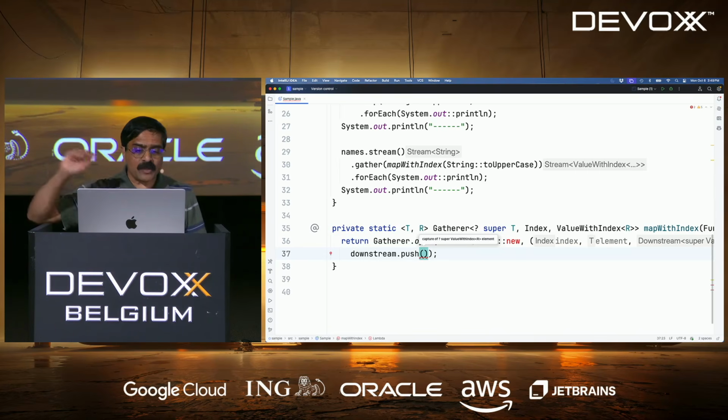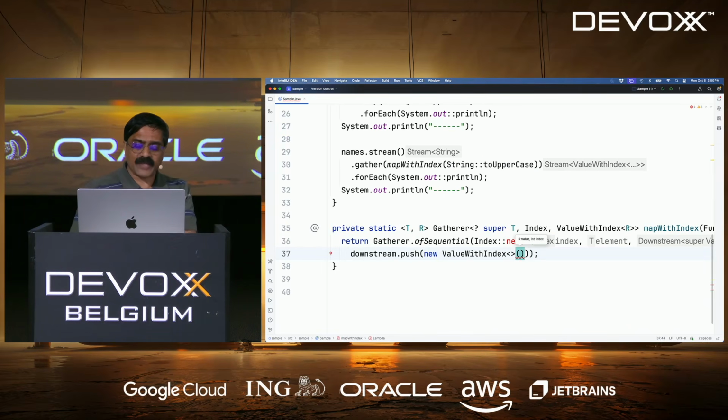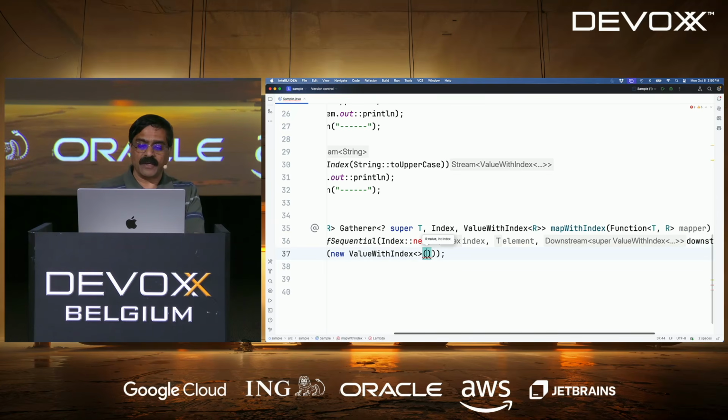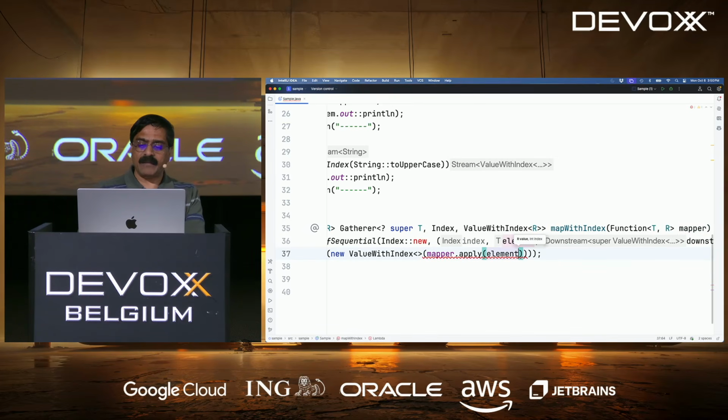But I'm not just going to push the transformed data. New ValueWithIndex. And in this case, the value is the element transformed using the function. So mapper dot apply on the element. So that is going to be the first argument I send to the ValueWithIndex.